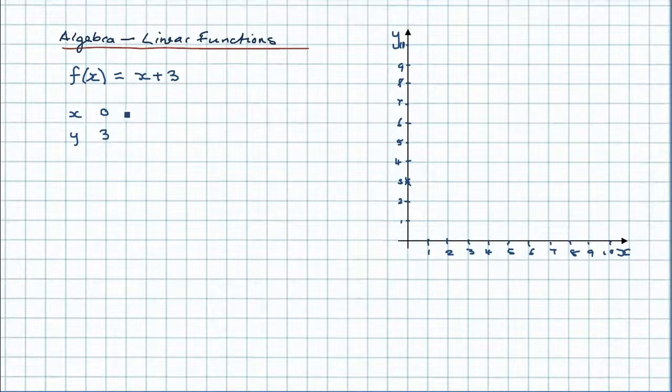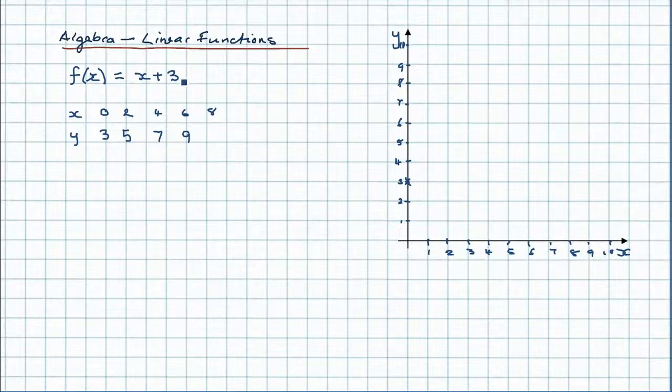Let's do a few more. What if we just go, let's say 2, 4, 6, and 8, and then plug these values into our function. So 2 into x plus 3 gives us 2 plus 3, y equals 5. 4 plus 3, y equals 7. 6 plus 3, y equals 9.